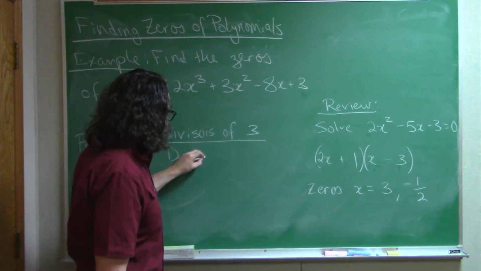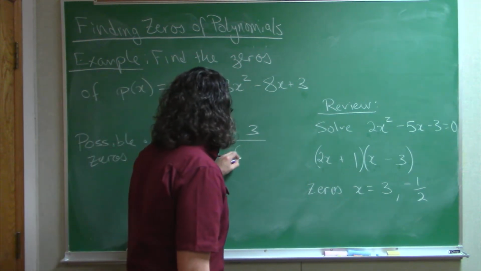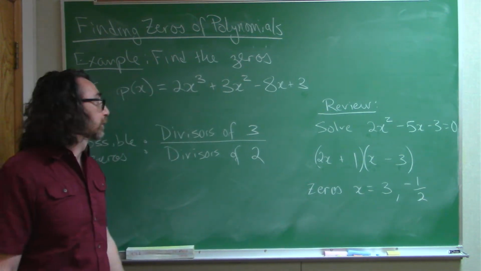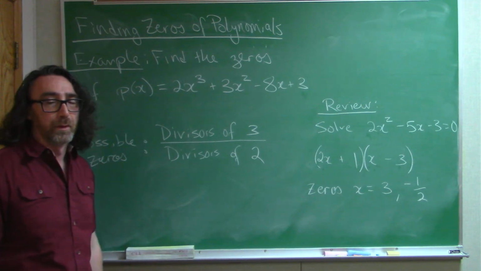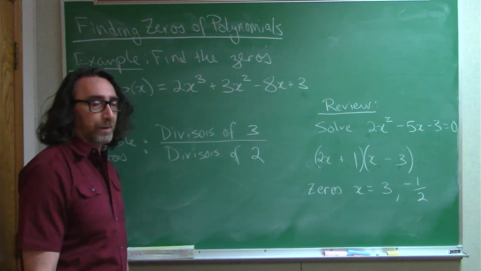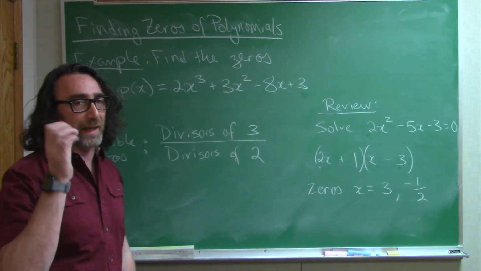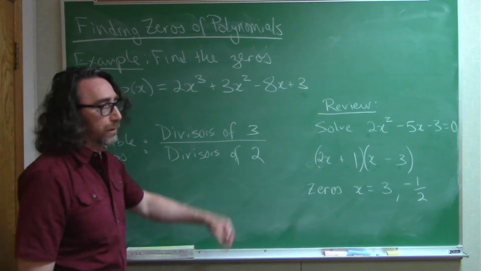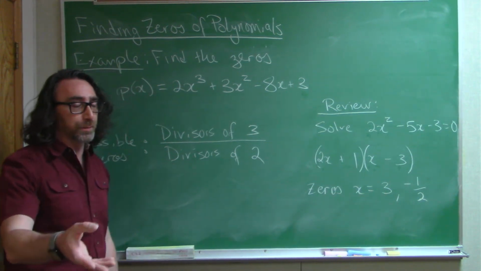For my denominator, I can have any divisor of 2. From right here. So fortunately for us, there are not too many divisors of 3. So the numerator for this fraction has to be a 1 or a 3. The denominator could be a 1 or it could be a 2.